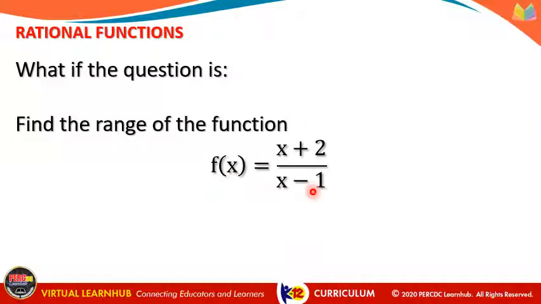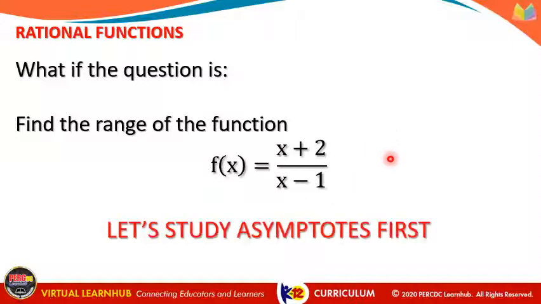Wala. Hindi maka-cancel out yung denominator. And if this is the case, honestly, hindi na natin magagamit yung solution na present ko. Pwede pa rin naman. Kaya lang, kulang yung solution natin. Kasi in order to solve the range of problems like this, you should now consider yung mga tinatawag natin na asymptotes.